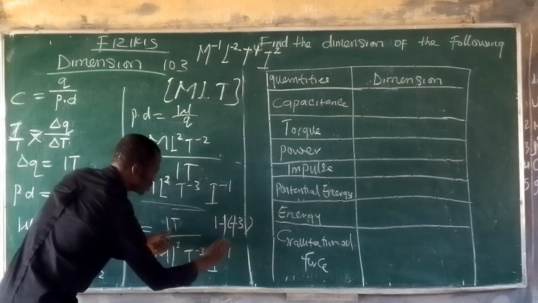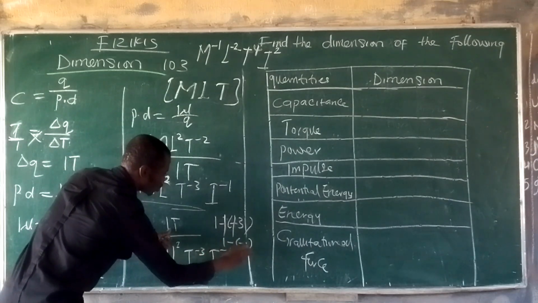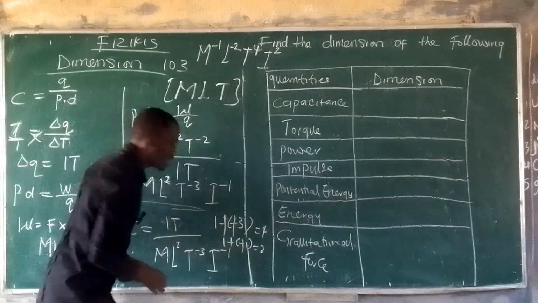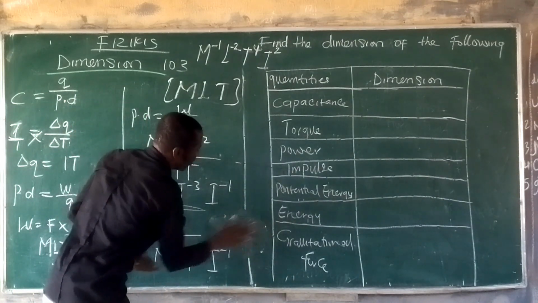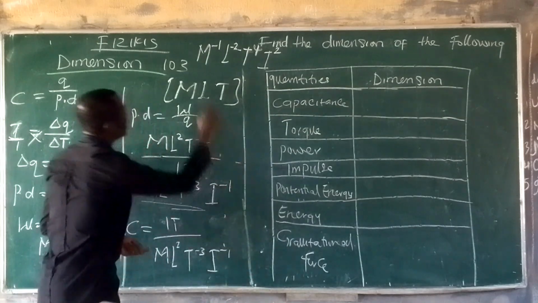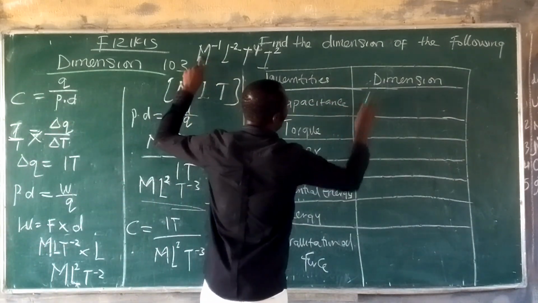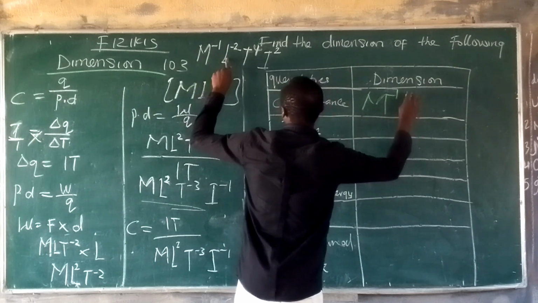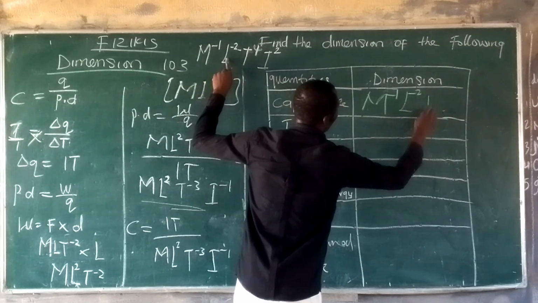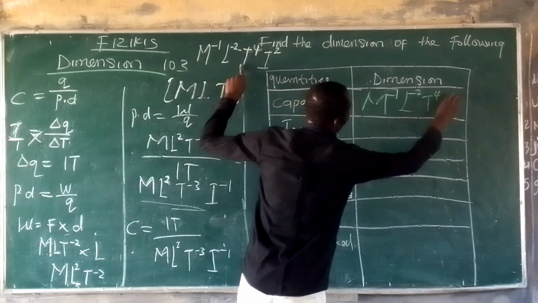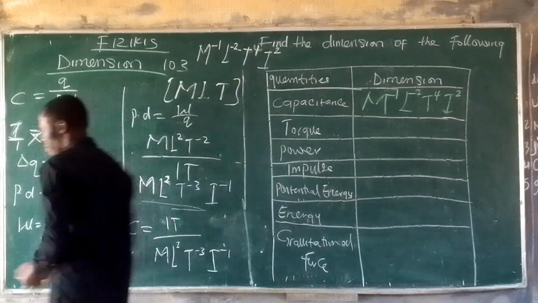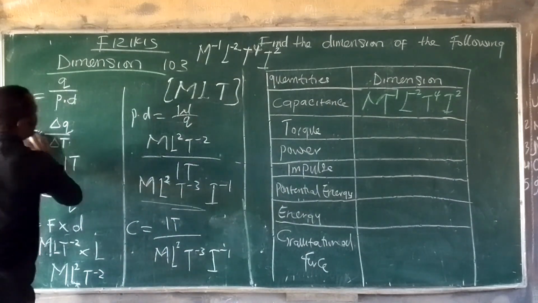You do the same thing, it's just 1 minus 1, it cancels out, so it gives you 2. Hope you understand, that's mathematics. So we bring this into the box. We have M minus 1, L minus 2, T is 4, and I raised to the power of 2. That is the dimension for capacitance.